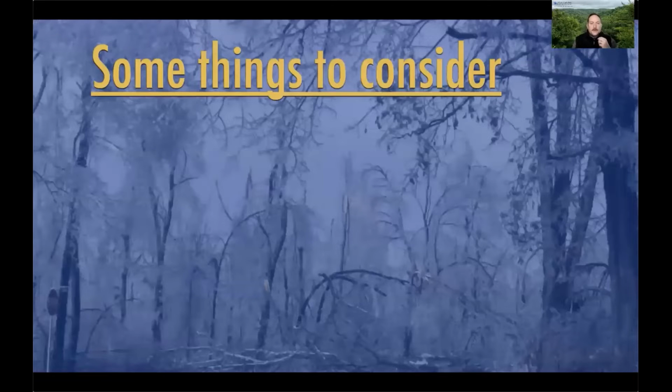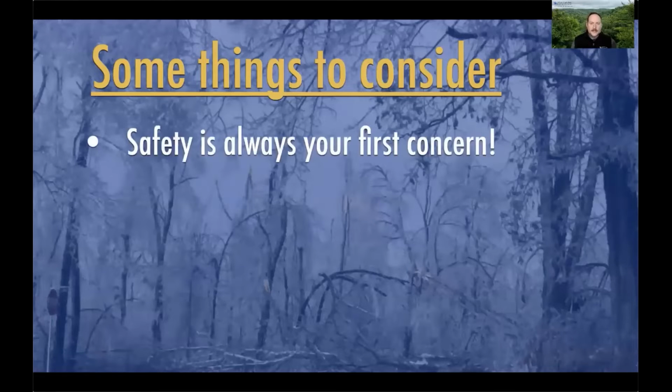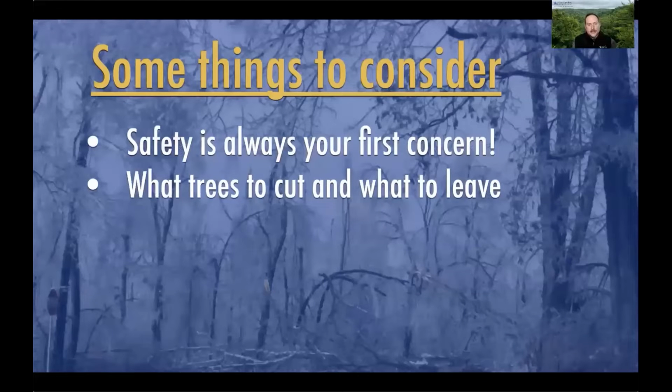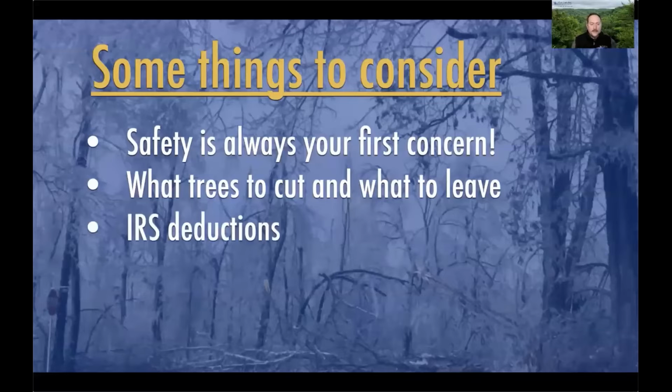So we're going to go through a few things to consider in your woodland following an ice storm. Number one is always safety. That is your first concern. And then we'll talk about what trees to cut and what trees to think about leaving and promoting into the future. We'll briefly touch on IRS deductions from storm damage.